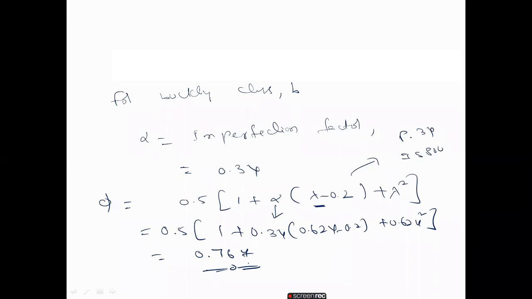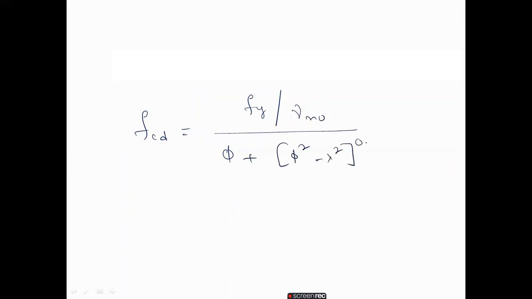Once we calculate the phi value, go through the fcd formula. The fcd is fy by gamma m0 by phi plus the square root of phi square minus lambda square, that is, whole power 0.5. This is the design compressive strength value. Now fy we know already, that is 250. Gamma m0 is the factor of safety, that is 1.1.